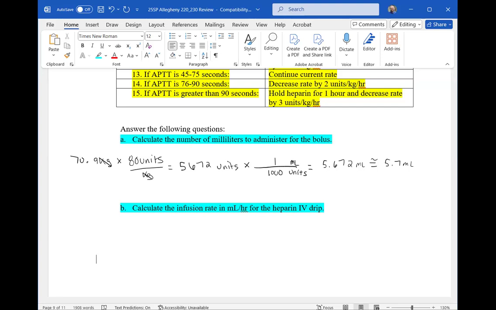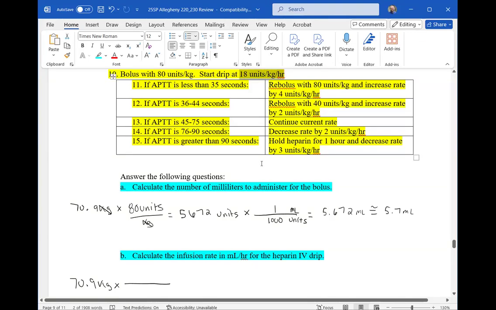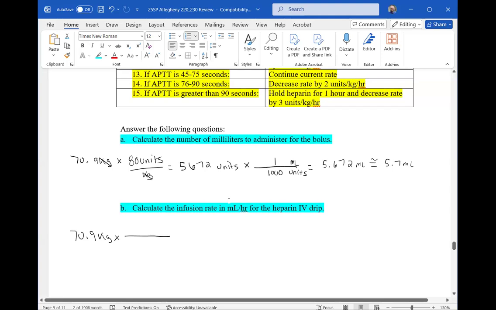All right. So let's do the infusion rate. My patient is the same patient, so 70.9 kilograms times the infusion rate. As it says here, it says to start a drip at 18 units per kilogram per hour. So that's what I'm going to multiply my patient's weight by.